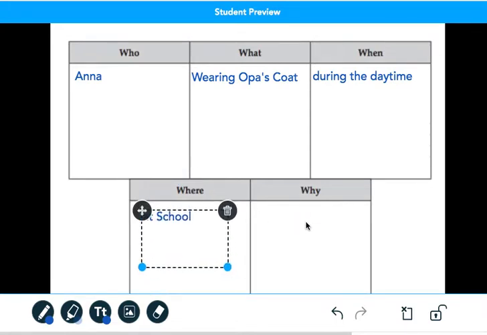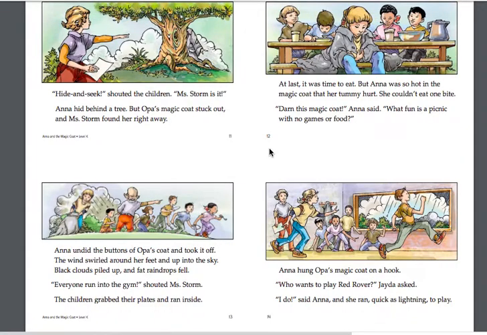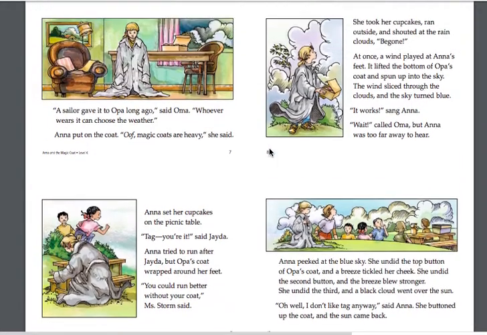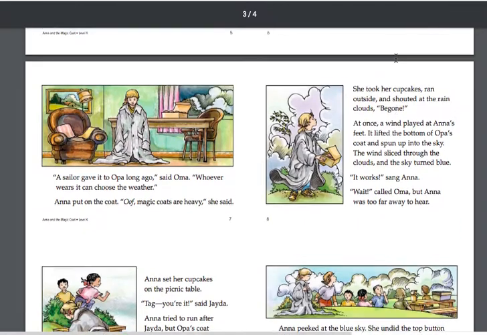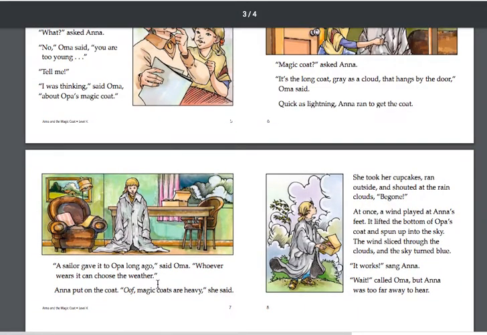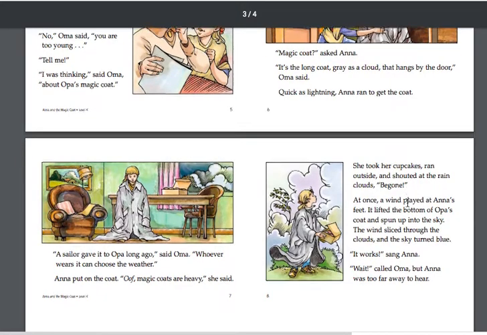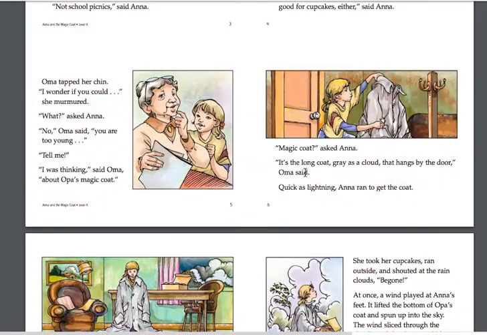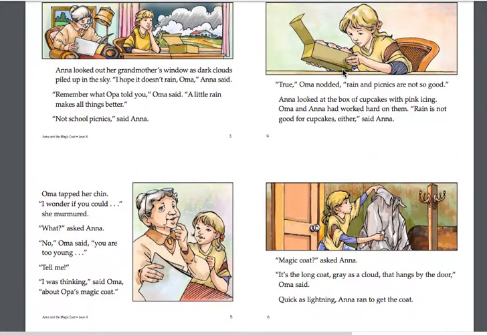Okay, and then why? So we have Anna wearing Opa's coat during the daytime at school. Why does she wear the coat? Let's go back into the text and see if we can find out why. So she says that she took the cupcakes, ran outside, and shouted at the rain, "Gone!" I also remember that she really was sad about the rain because of the cupcakes.